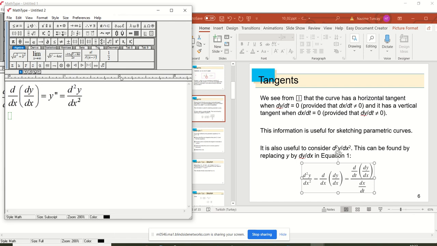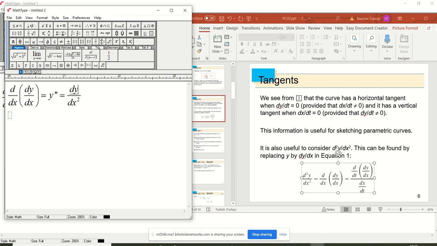So be careful of the representation. When we are representing the second derivative, this is the way we do it: we have 2 at the top of d, and we have 2 here at the top of x. This is just a symbol of the second derivative, nothing else. You cannot do it other ways.